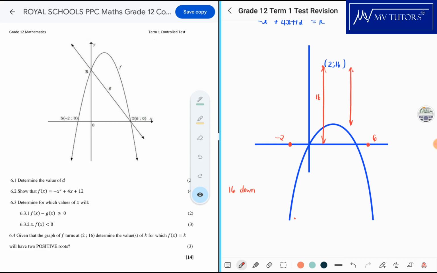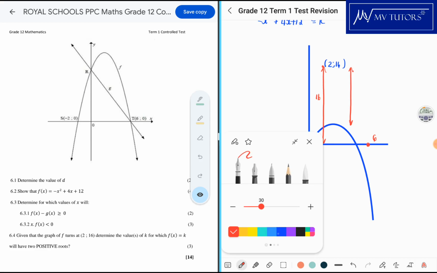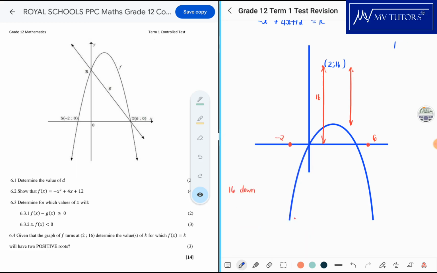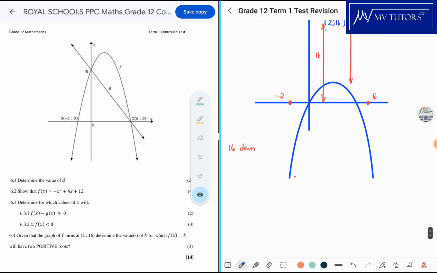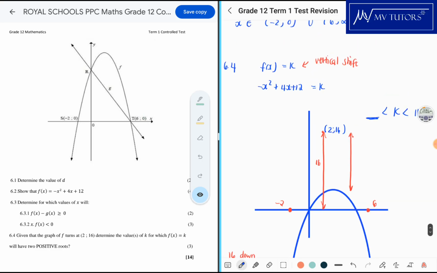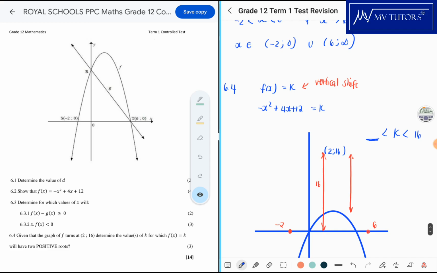Okay, because the k values, my answer is going to be, so I need to get this value over here. And how will I do it? Well, basically, I need one of the roots to be 0. And let's go look at this sum over here.